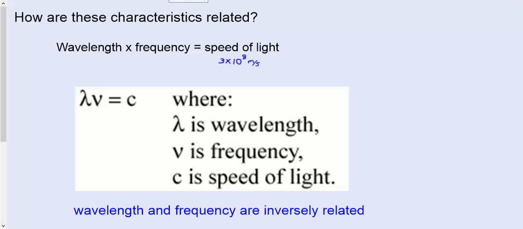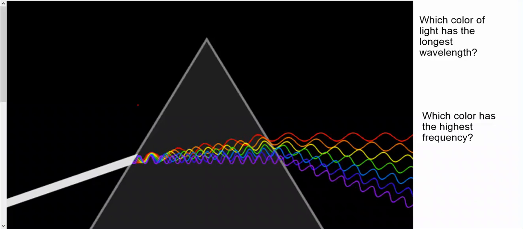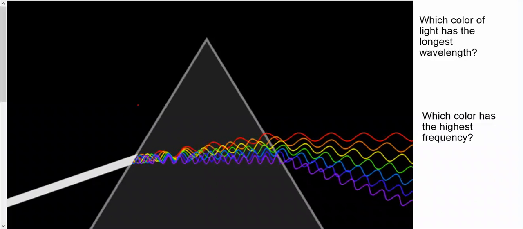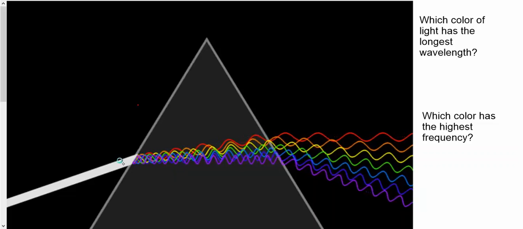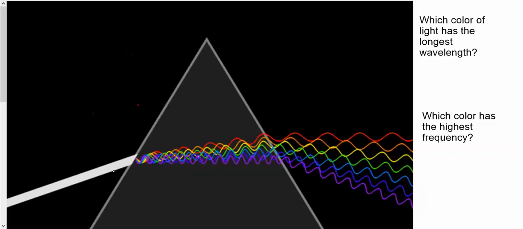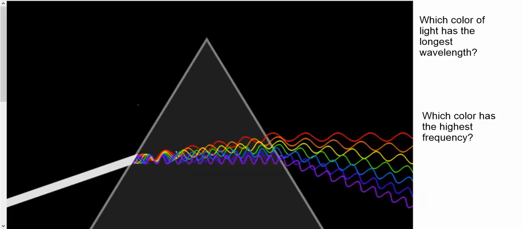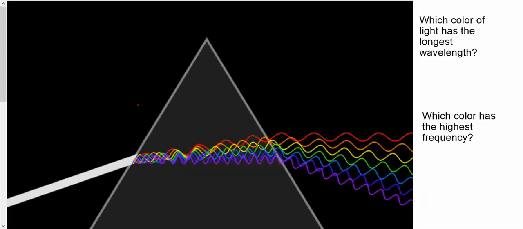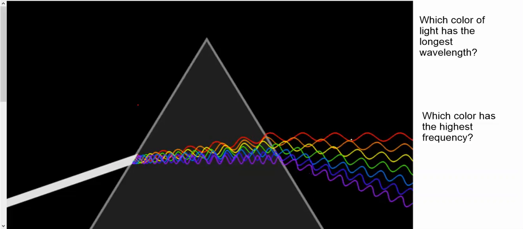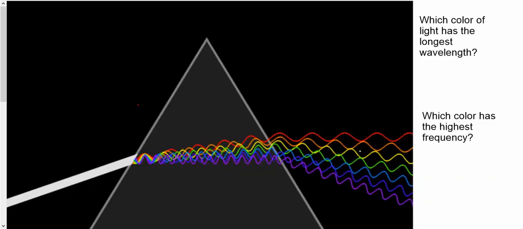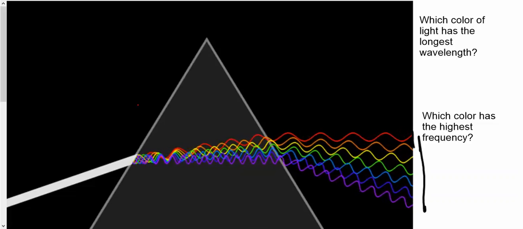I put this slide in here just to review with you. You can see that this is white light. White light contains all of the wavelengths of color. When it goes into a prism, they all have a different wavelength. Therefore, when they leave that prism, they all refract or bend to a different degree, and that's why they separate out into a rainbow.